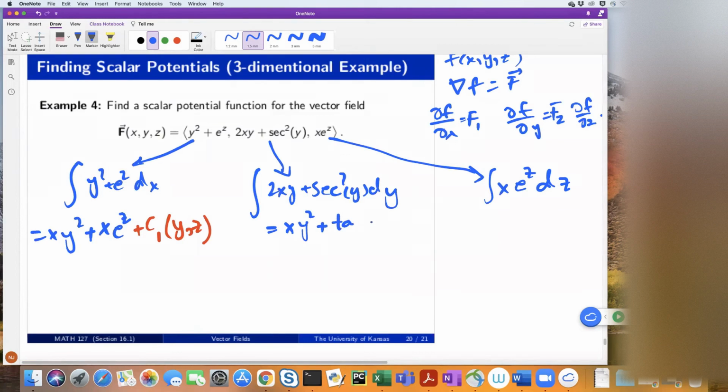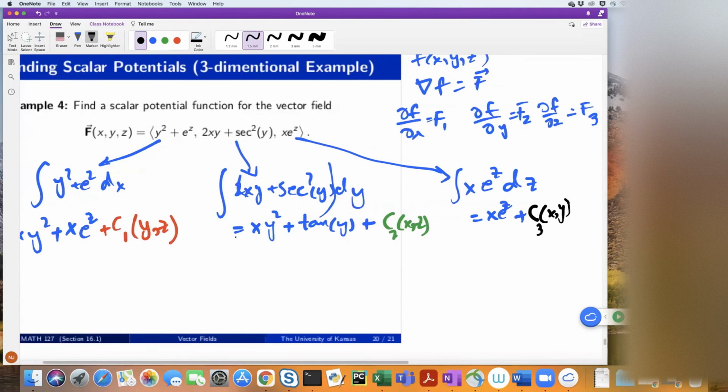That's tan of y, right? And then plus, what are the variables that are constant with respect to y? x and z. And then for the last one, x is a constant coefficient, e to the z, the antiderivative of that is just e to the z. Then plus the constant, which would be in terms of x and y.